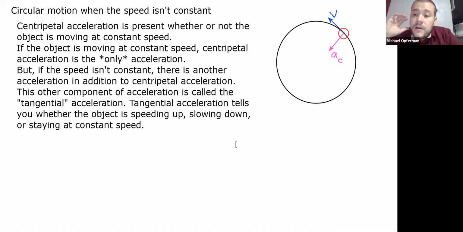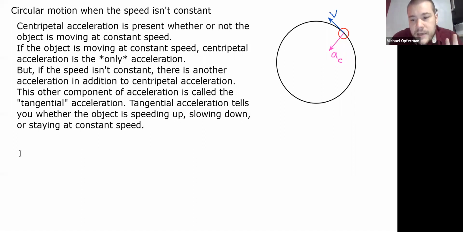Namely, remember that acceleration in the same direction as velocity is what causes a speed up, and acceleration opposite the direction of the velocity causes a slowdown. The same thing is true here. Obviously, from the name, you can tell that tangential acceleration is going to be tangent to the circle, just like how velocity is tangent to the circle.